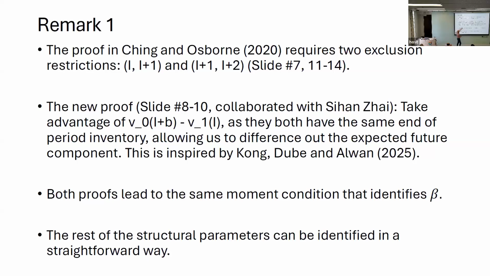This is inspired by a working paper by Kong, Dubé and Owen, who are also looking at the same problems that we're dealing with now. Interestingly, both proofs deal with the same moment conditions that can identify the discount factor. And the rest of the structural parameters can be identified in a straightforward way once you're able to pin down the discount factor.